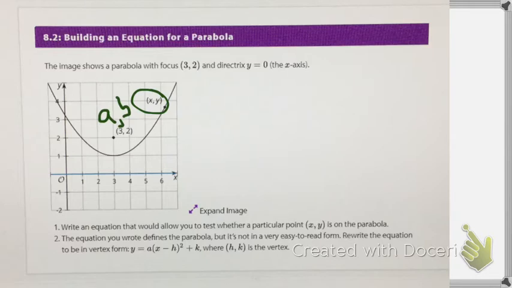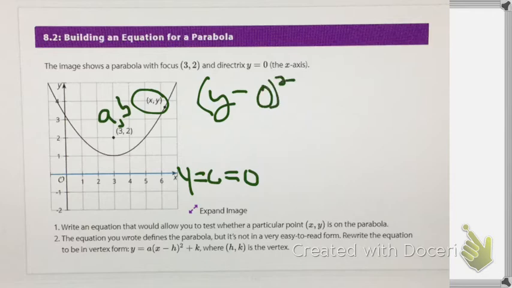In this case, it's still the x-axis, so it's still y equals 0. So we still have c as 0. So we write y minus c, so it's 0 squared equals x minus 3. That's our x-coordinate.